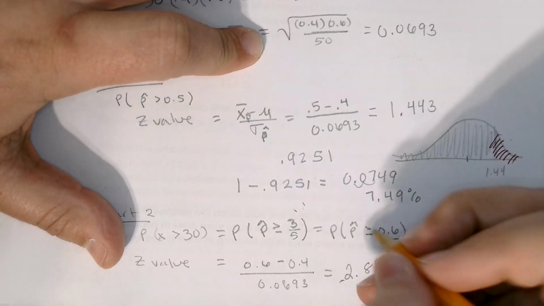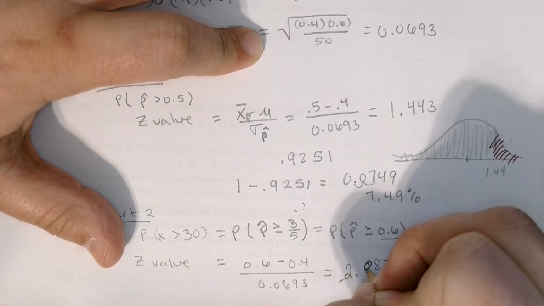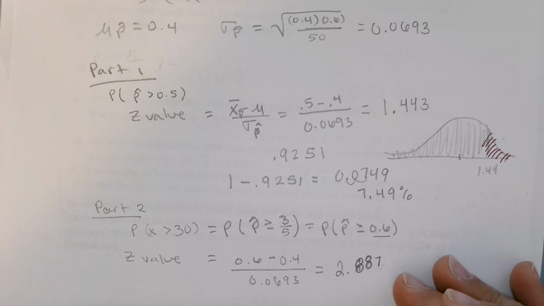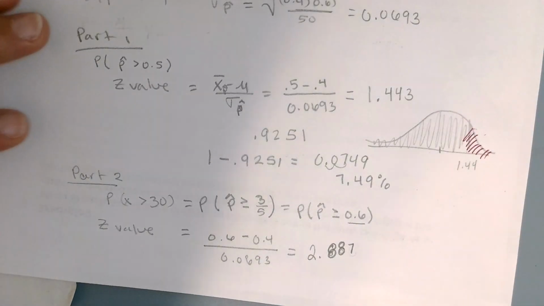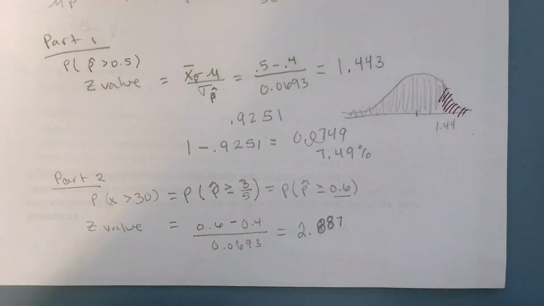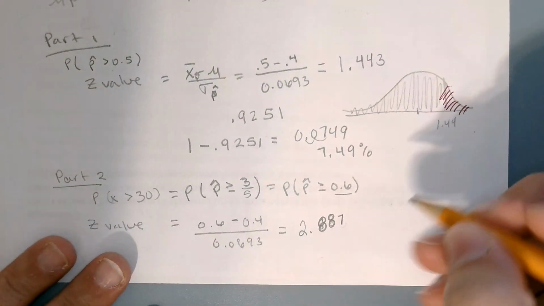2.887. Oh, wow. Okay, 2.887 is a very large z-value.